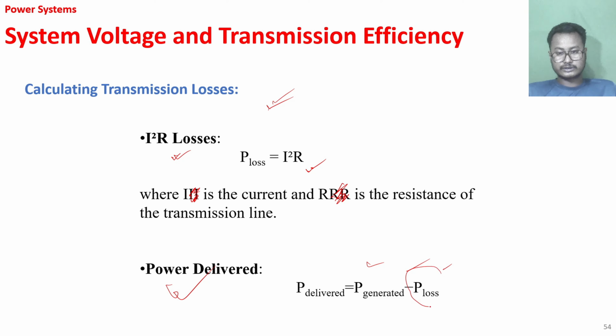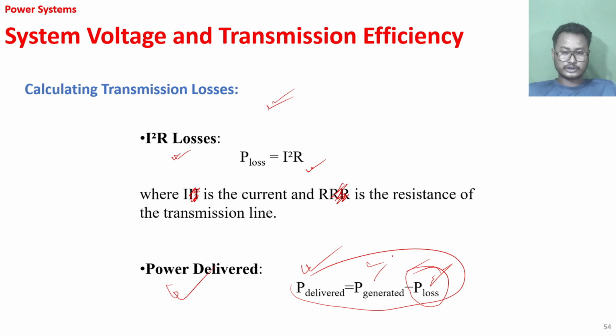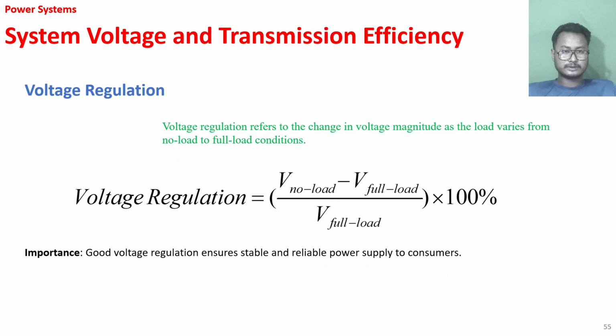So this is loss from the total power. Total power is the power generated, so the rest of that power will be delivered. It's just a concept. This is power loss, this is power generated, so this part of power is delivered.